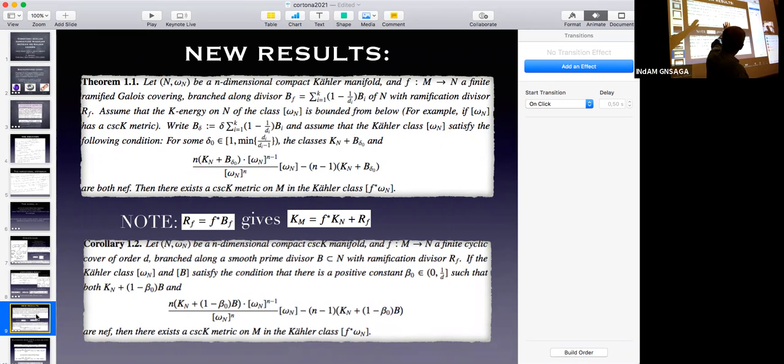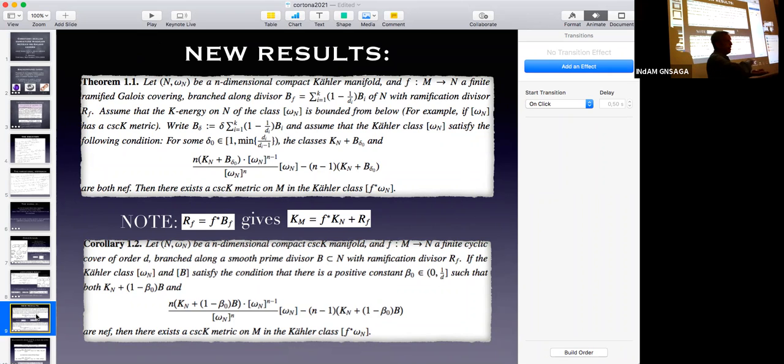Now a notational caveat. In this literature, people like to write this B. The ramification locus, of course, the branch locus is always the image of the ramification locus. The ramification locus is for everybody the locus where the differential of the map vanishes in some direction.